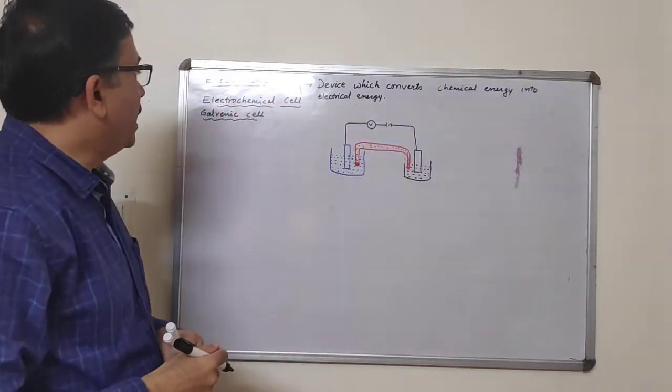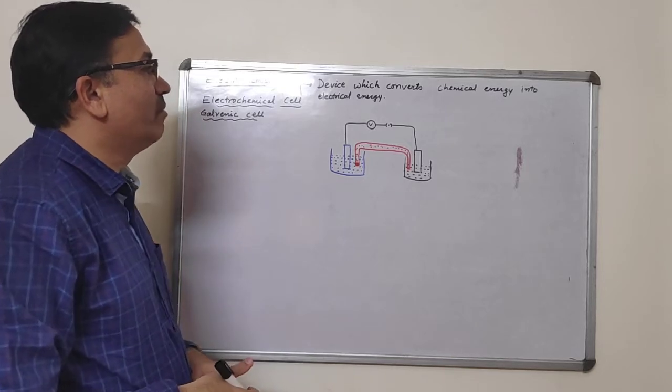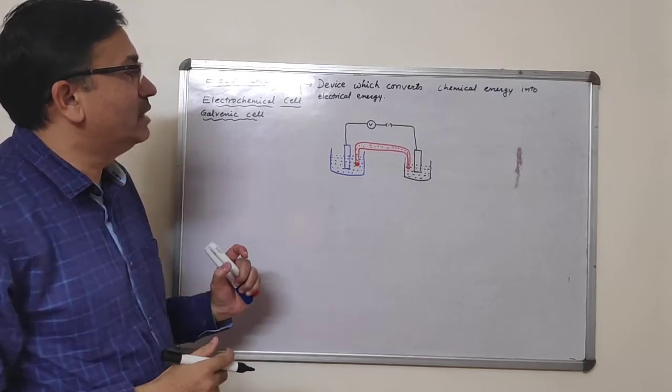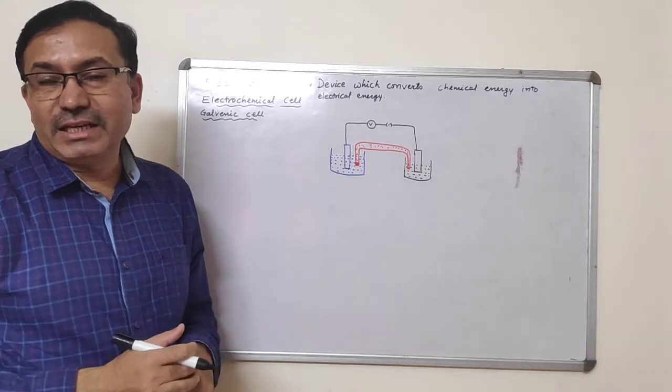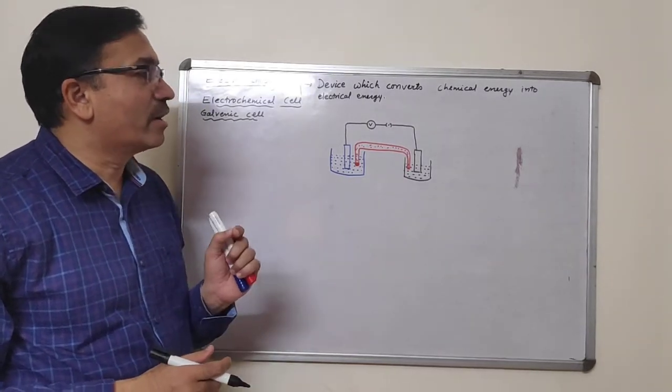Okay, so an electrochemical cell or galvanic cell is a device which converts chemical energy into electrical energy, or in simple words, I can say it generates electrical energy using a redox reaction.